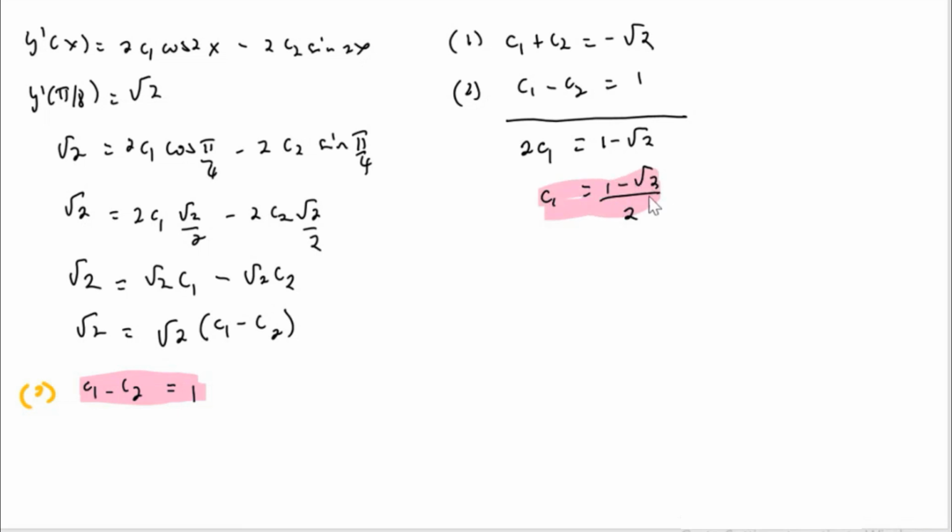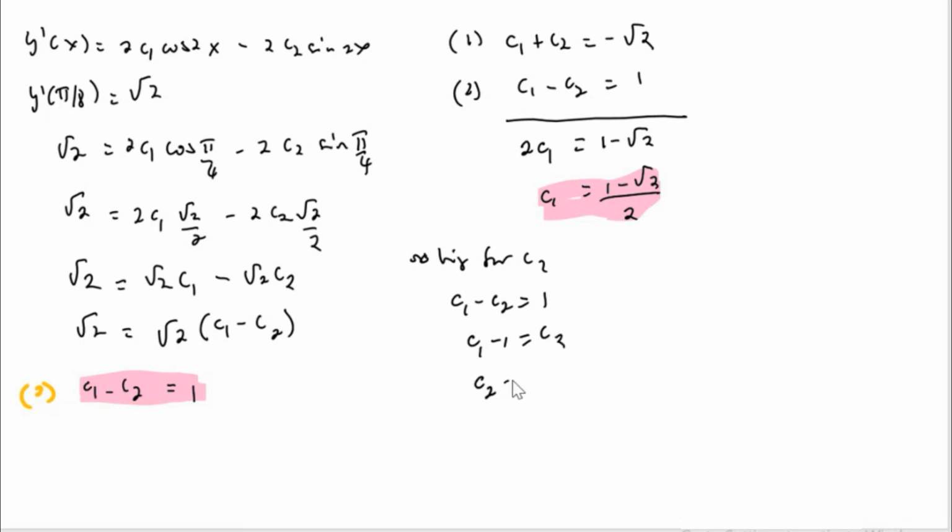Now to solve for c sub 2, we can use any of the two equations, but for now, I will choose the second equation. I will use c sub 1 minus c sub 2 is equal to 1. So I will manipulate it first before I substitute. So we have now c sub 1 minus 1 is equal to c sub 2.